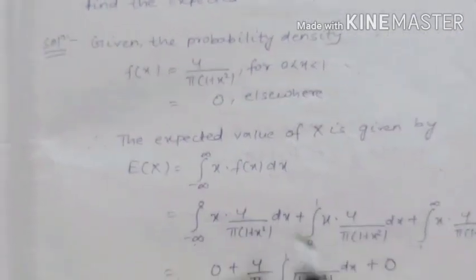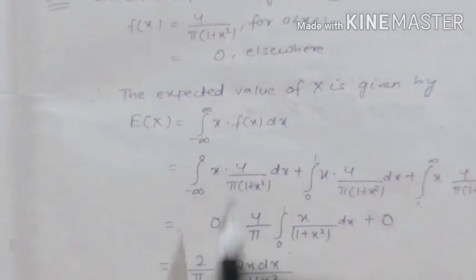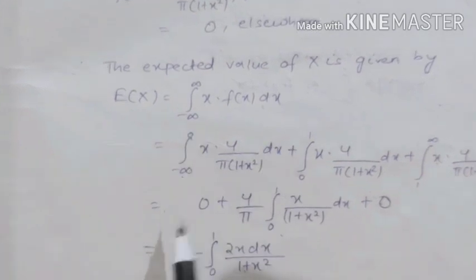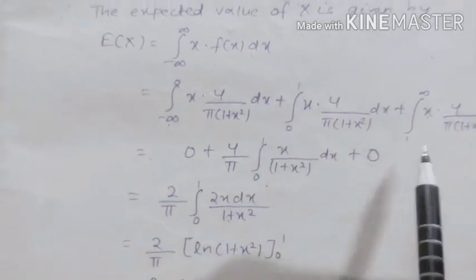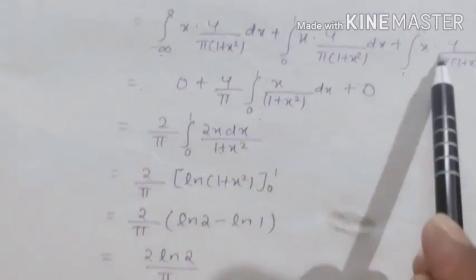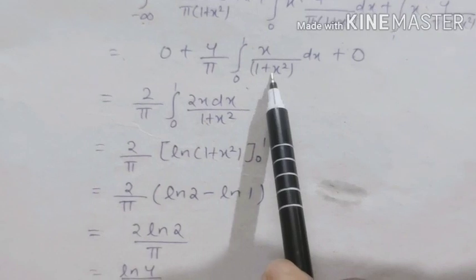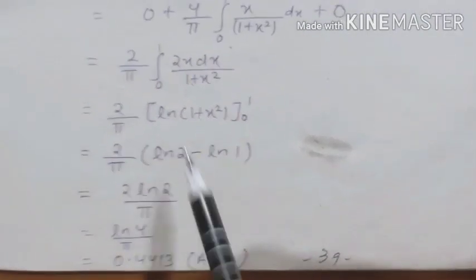We have to find the expected value of this random variable. Very simple: the expectation is the integration of x times f of x dx, and one by one we take minus infinity to 0, 0 to 1, and 1 to infinity. The first is 0, the last is 0, and the integration in the middle term gives the answer 0.4413.